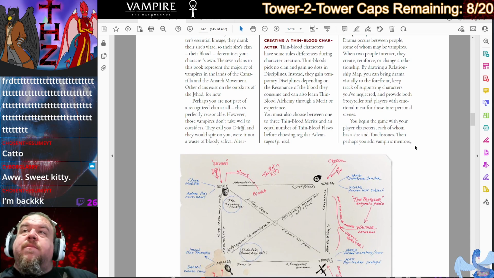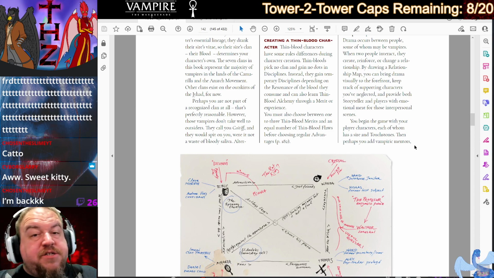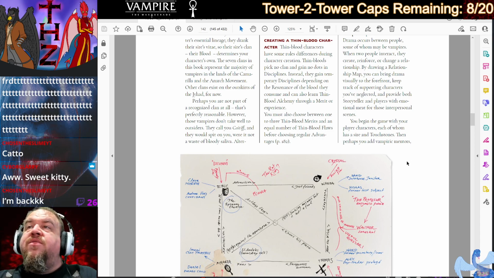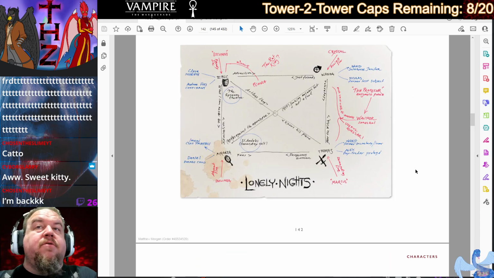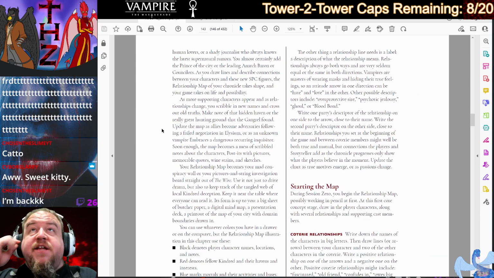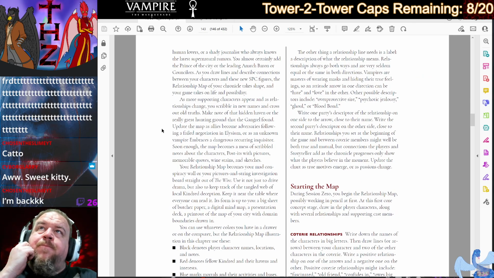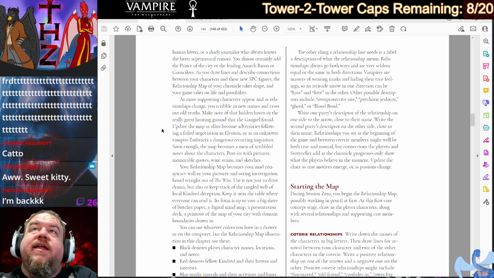You begin the game with your player characters, each of whom has a sire and touchstones. Then perhaps you add vampiric mentors, human lovers, or a shady journalist who always knows the latest supernatural rumors. You almost certainly add the prince of the city or the leading anarch baron or counselors.